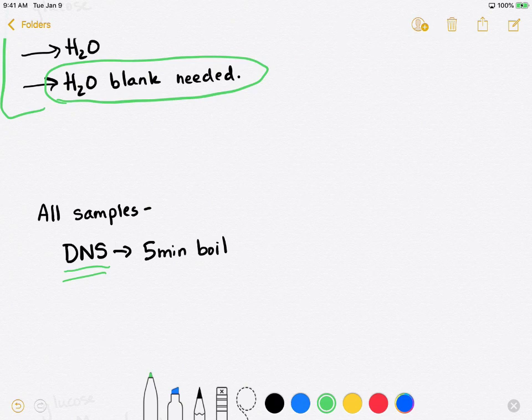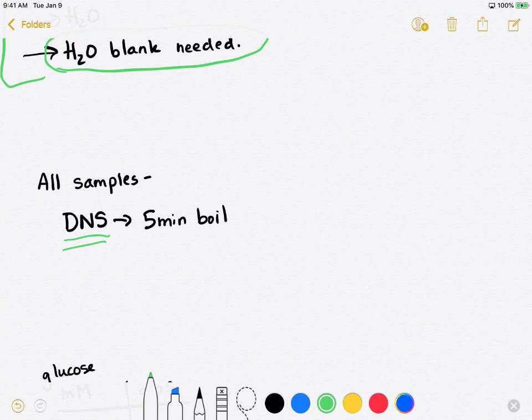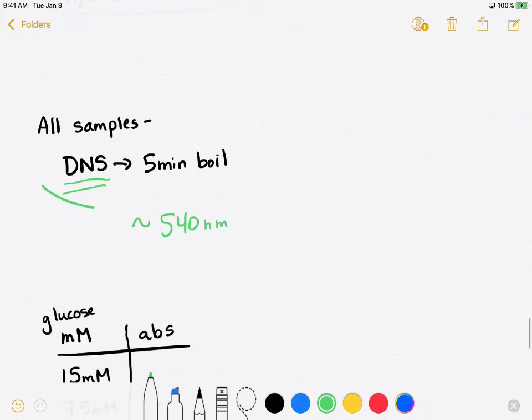We'll look at those colors at the very end. You took the DNS and boiled it for 5 minutes. After all of your samples had been boiled for 5 minutes, you then analyzed these samples by reading them in the spectrophotometer. Specifically, you set your spectrophotometer to read at a wavelength of 540 nanometers.